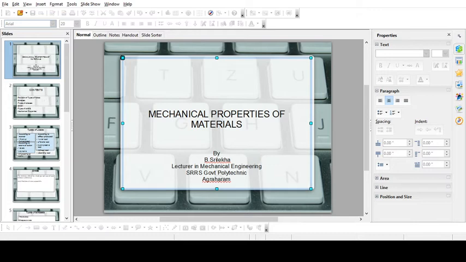Beyond this, we are having one more thing, that is volumetric strain. Everyone is familiar with a cube. If you consider each face of a cube subjected to compressive forces, then this will result in a reduction of its volume.